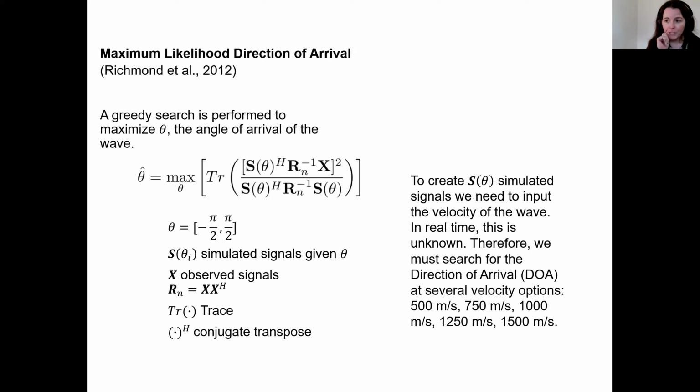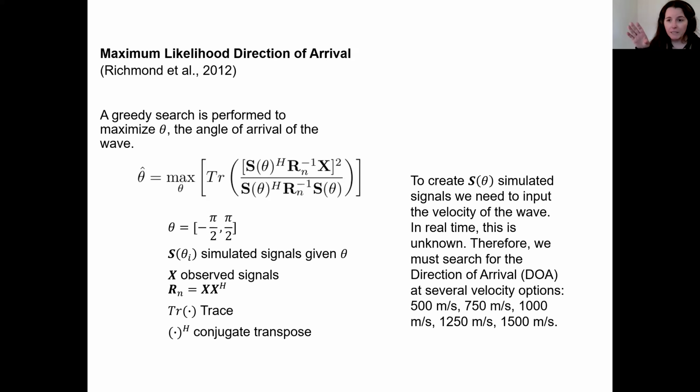So we're using a greedy search algorithm here. Essentially, it's going to try and match our observed signals X to a simulated signal given the angle of arrival. So it's going to run through -90 to 90 degrees and test.